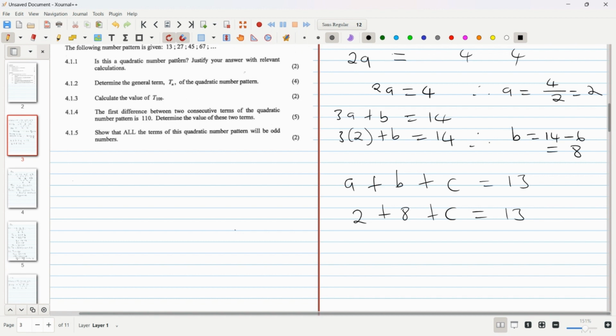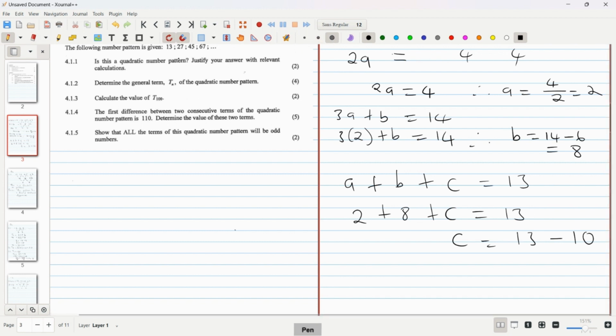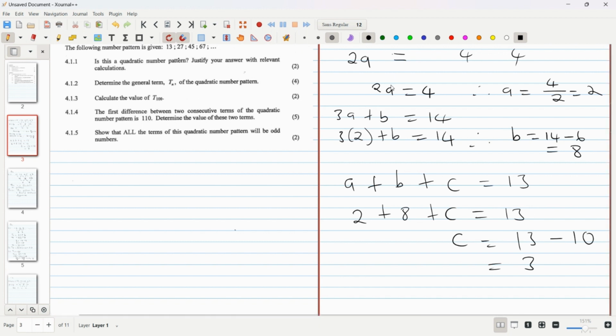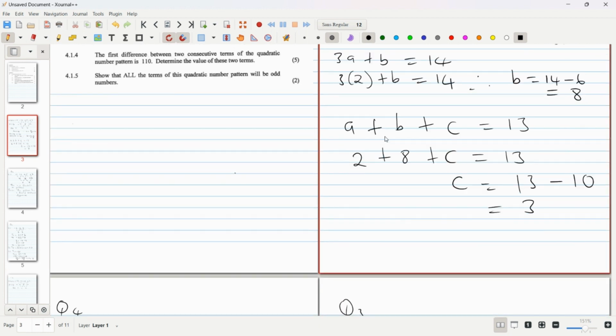So, okay, it's very important to note here as well, 2 plus 8 is what? Is 10. And then 10 to the other side will be negative 10. So c will equal 13 minus 10, which is 3.